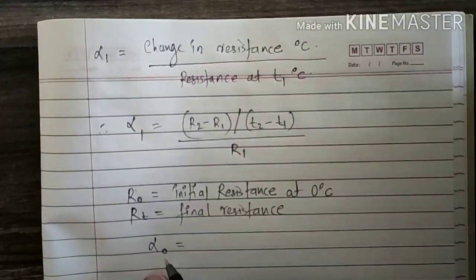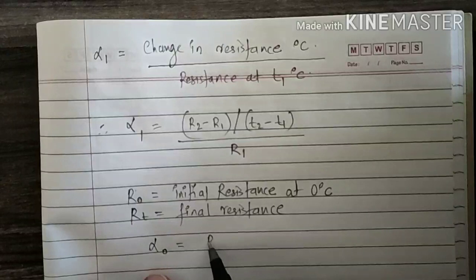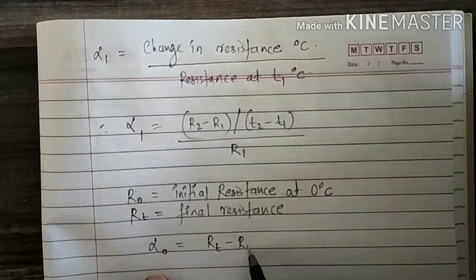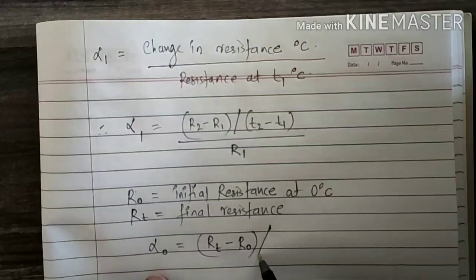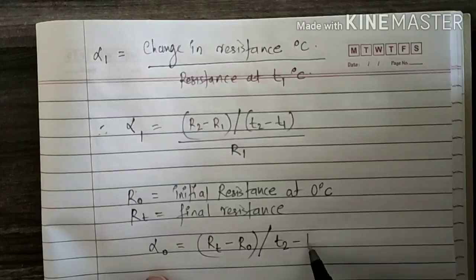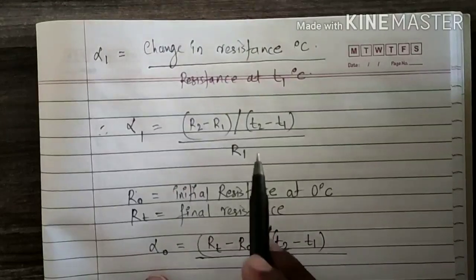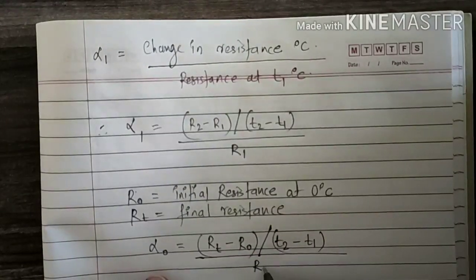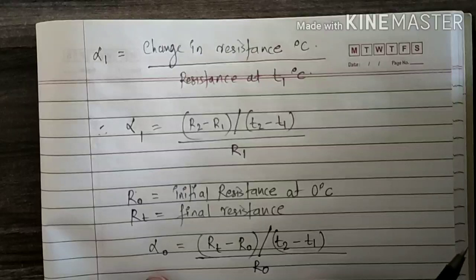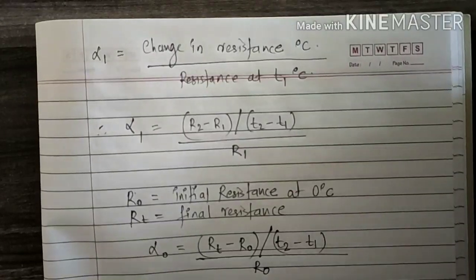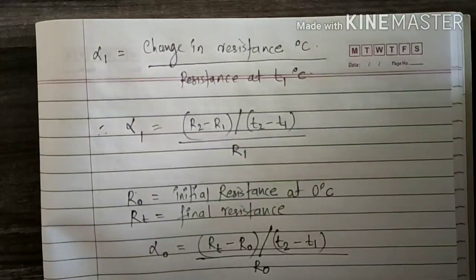What will be my TCR value, the alpha value? Final resistance RT minus initial resistance R0, divided by T2 minus T1, upon R1. Here, my initial resistance was R0, that's why R0 is represented. As initially the value of temperature is 0, my T1 will be 0.